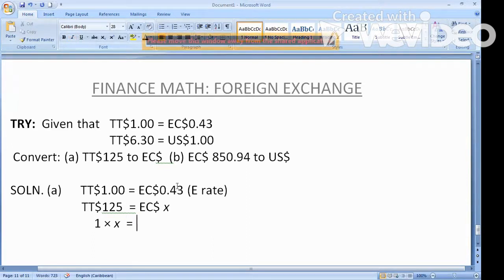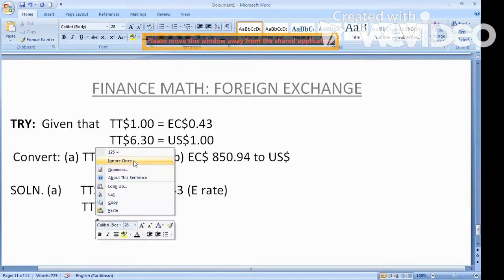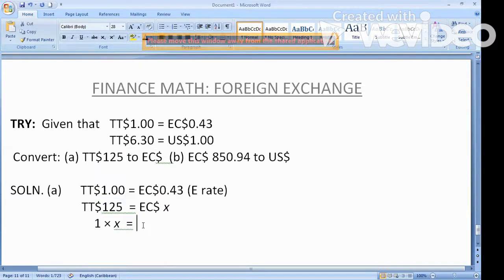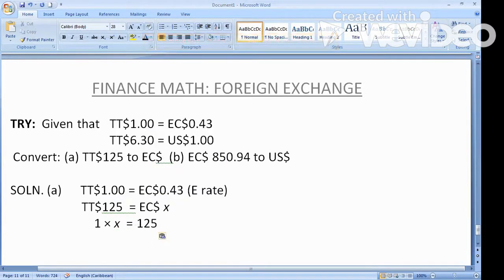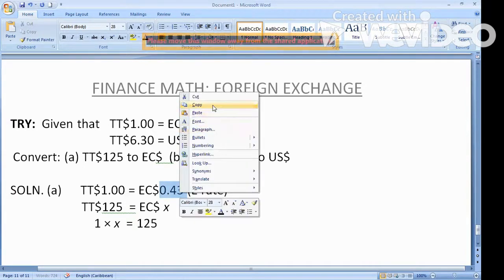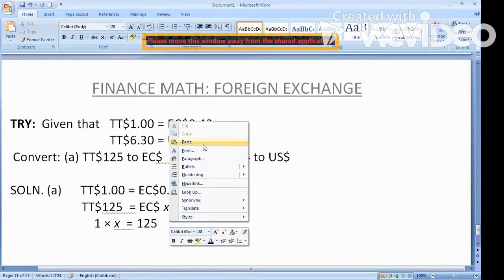Then 125 times 0.43 gives 53.75 EC dollars.